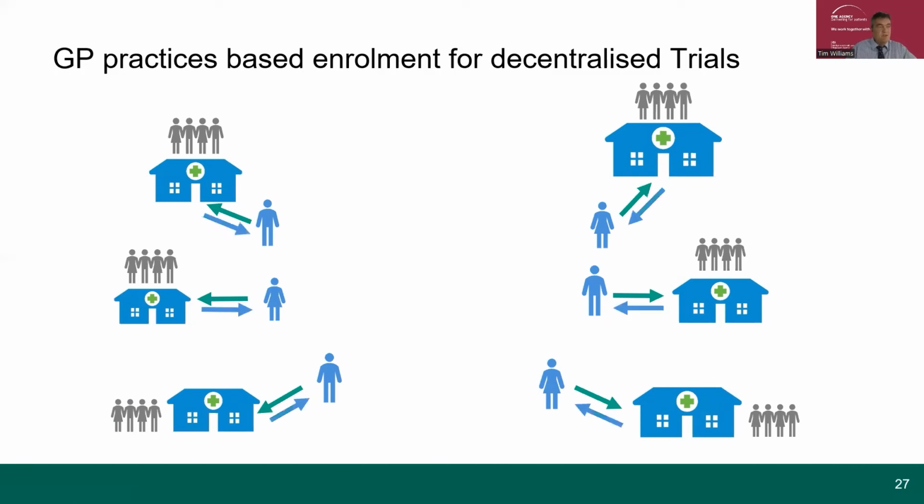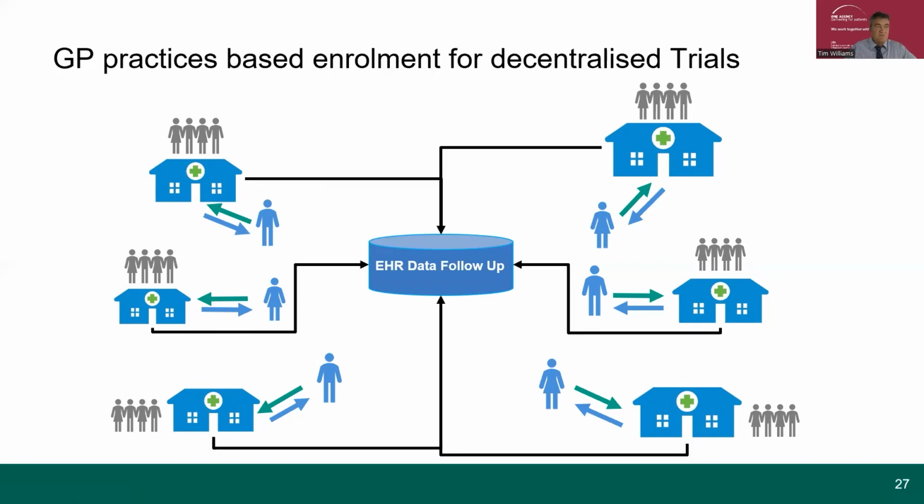The GP then undertakes these activities, explains the trial, consents them, obtains e-consent, and then enrolls them into the trial. And then there is no need for any other visits to take place, because we're just collecting MHRA data follow-up, which just proceeds for those patients from each of these practices. And that means that these trials are essentially totally decentralized.